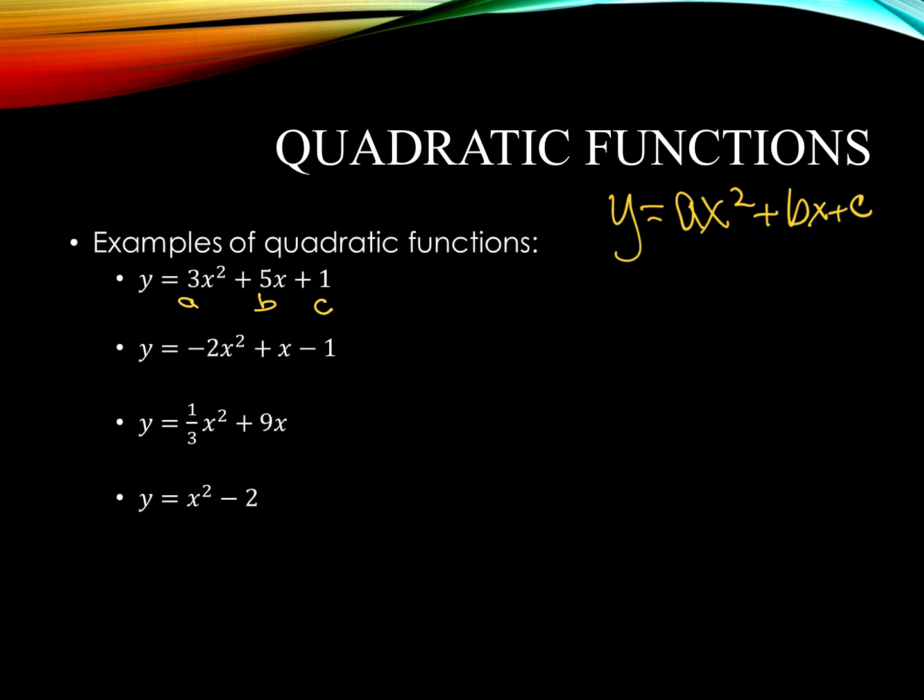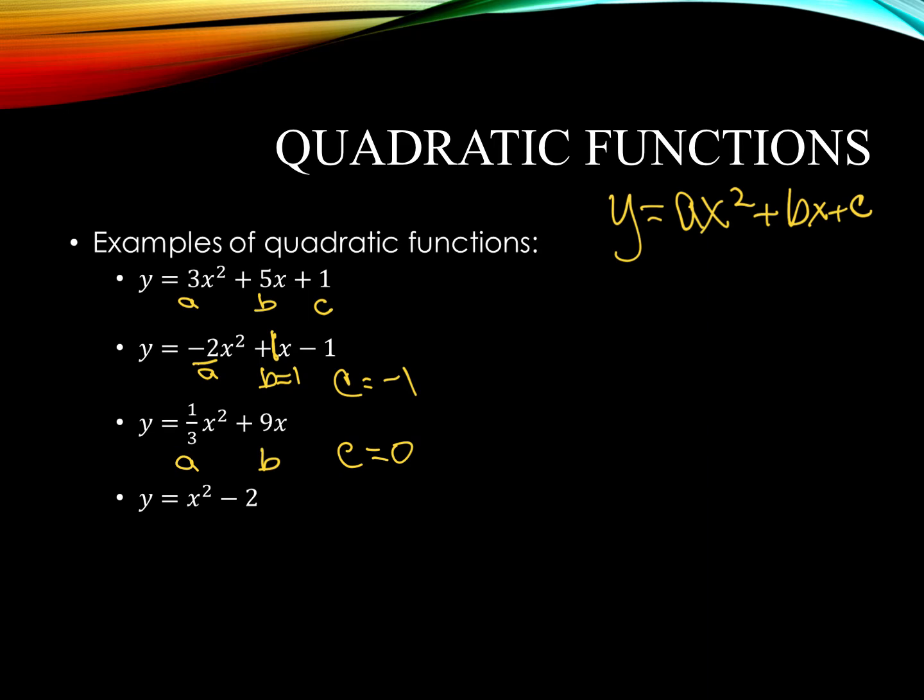In the second part, I have -2. This is going to be my a. My b in this case is equal to +1 because that's really a 1x. And my c is a -1. Now, in this next example, my a is going to be that 1/3. My b is going to be 9. And then you don't really have a value for c, so you could say that c is equal to 0 if you wanted to list it.